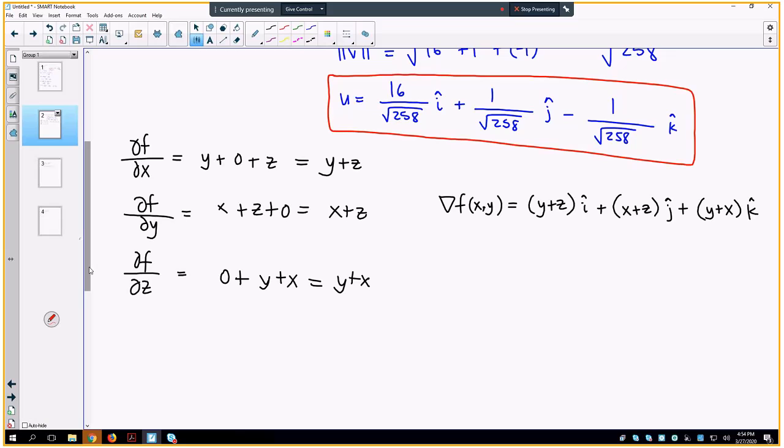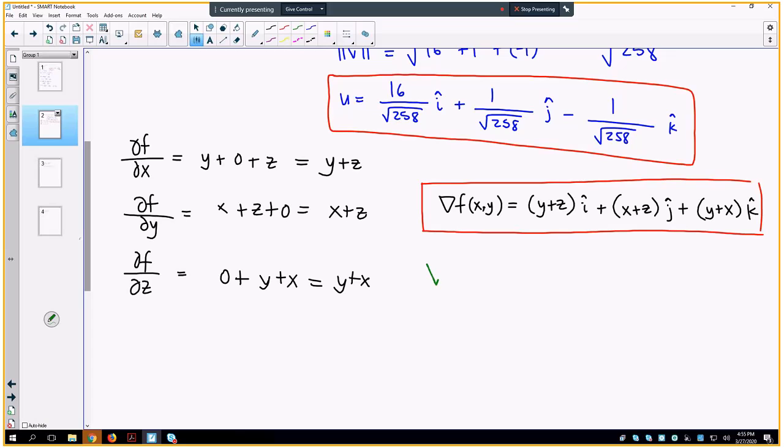So that's the next piece of my puzzle. I need to find the dot product of these two vectors and then evaluate it at the point given. Or rather, I can evaluate at the point given and then find the dot product. So that seems like it should be a little more straightforward.